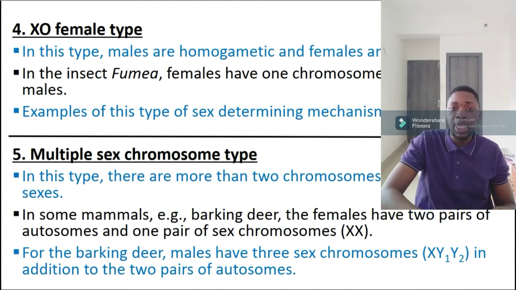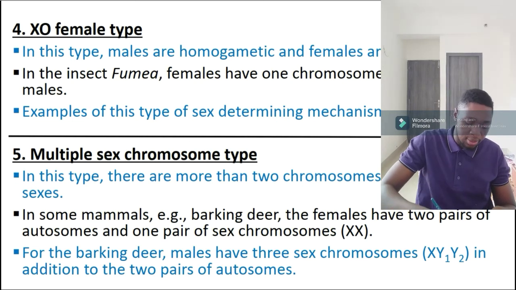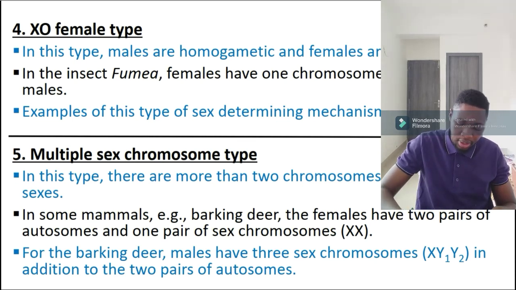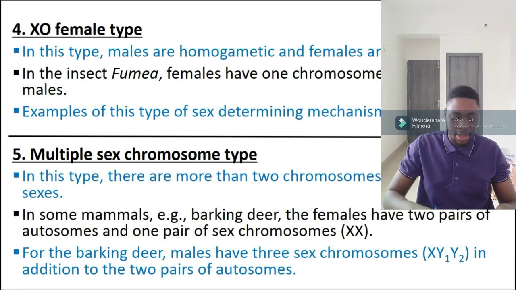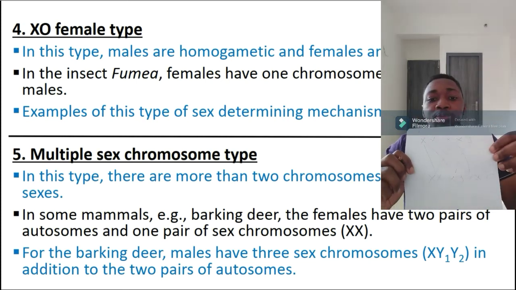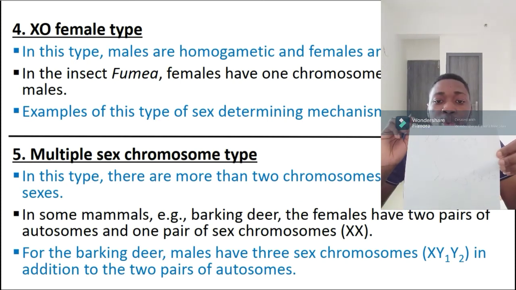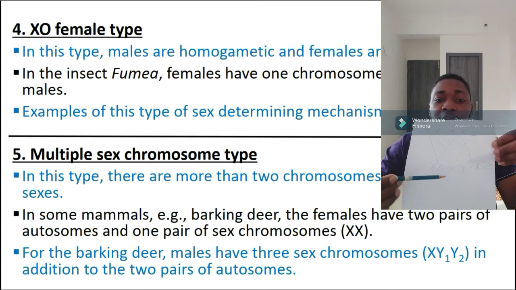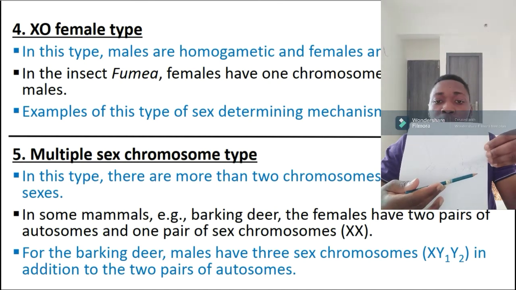So I will quickly carry out a test cross. X, X, X, Y, X, X, we have X, Y. So when we cross the XX chromosomes and the XY chromosomes, our result will be XX, XY, XX, and XY.